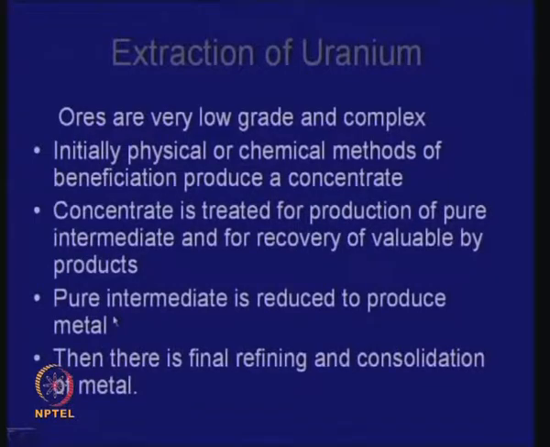Of course, very often even if we take a pure intermediate, we may be able to produce a metal which may be pure, but it may not be physically in a form that is acceptable. Like suppose we have a method and we reduce and we end up with very pure fine powder. Now, these are very reactive metals, mind you.